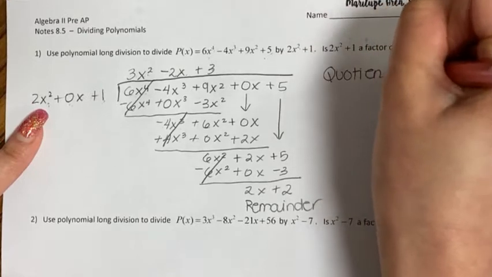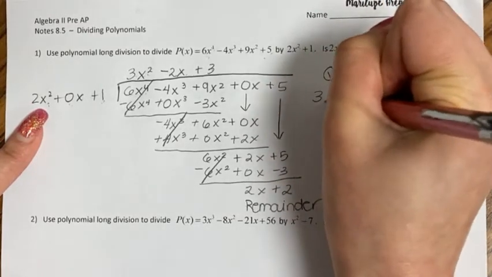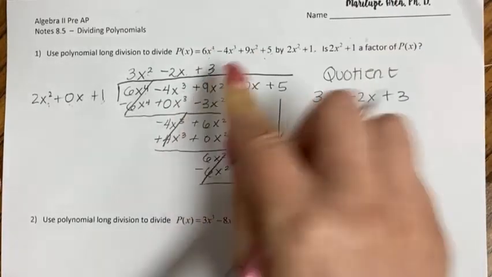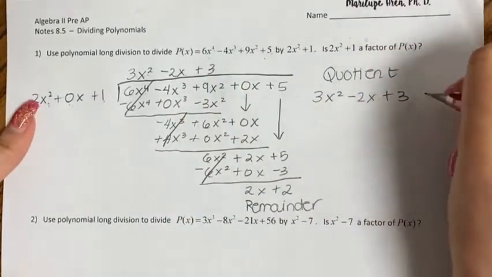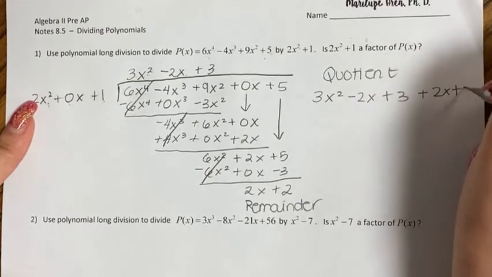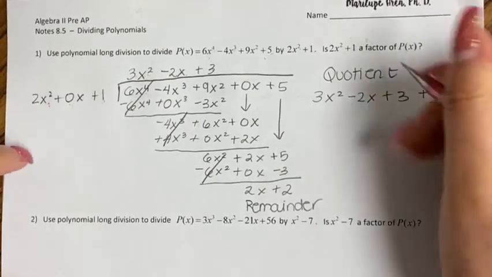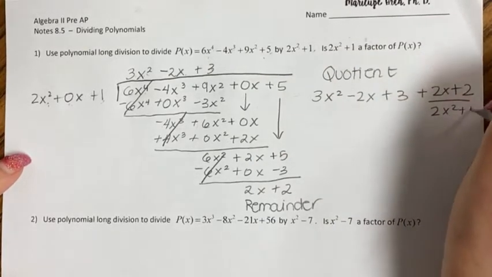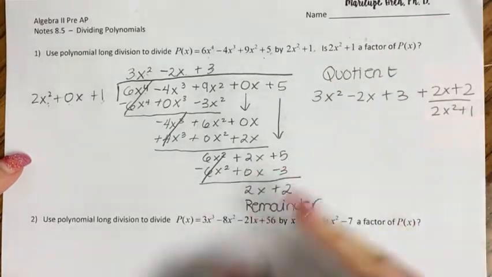Quotient is going to be 3x squared minus 2x plus 3, that comes from this one. And then you need to use your remainder, in this case 2x plus 2, and you divide it by the divisor, which was 2x squared plus 1. So that's technically your answer.